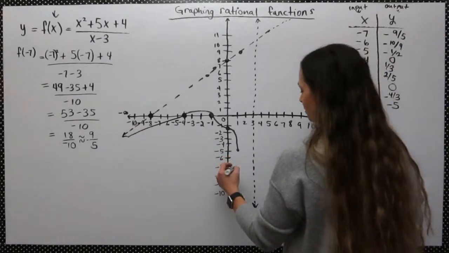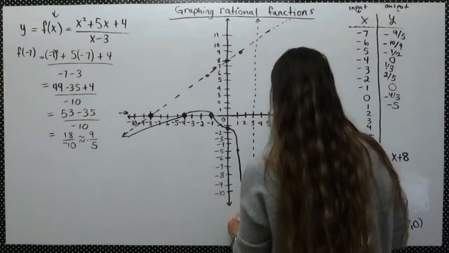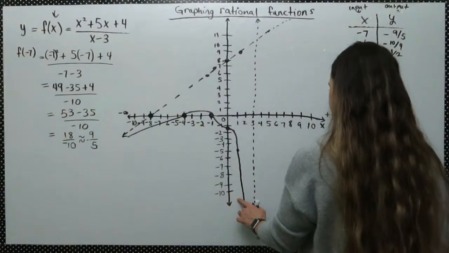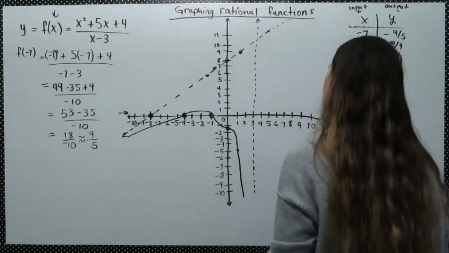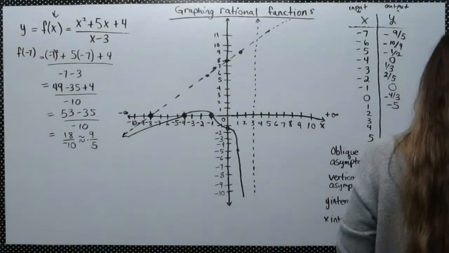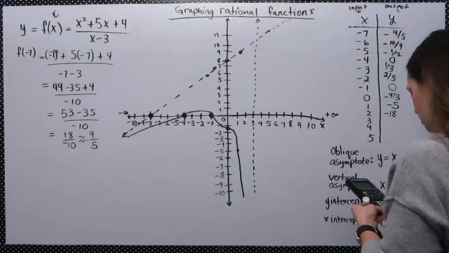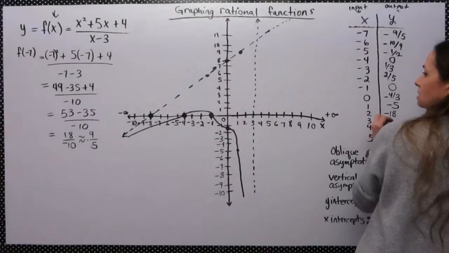So at 2 we're already all the way down, past the graph, because we're only going to 10, remember. So let's check. This is -18. It's not going to be on the graph. 3 was our undefined value. So 3 will be undefined.